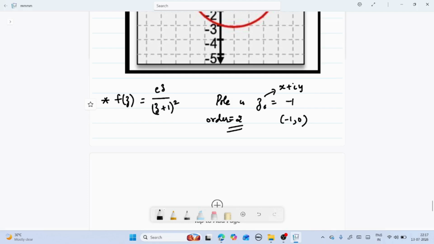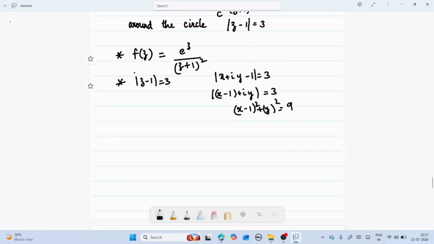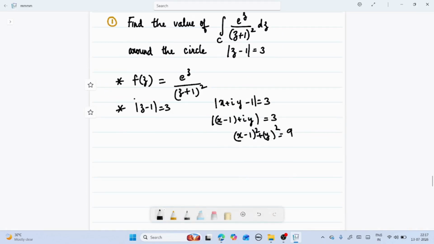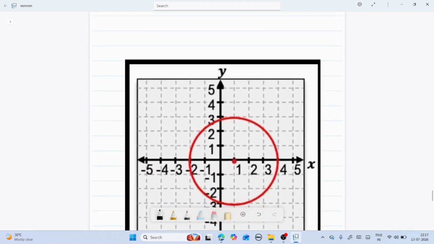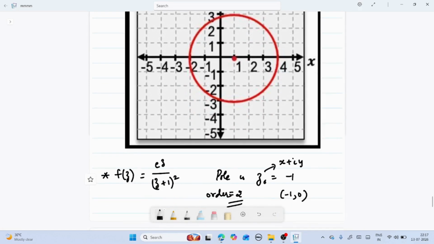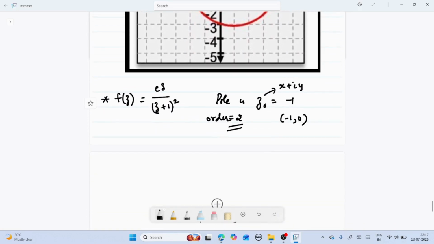So what did we do first? We identified the function f of z. Then we identified the given circle, modulus of z minus 1 equal to 3. Then we represented it on a graph. Thirdly, we identified the pole from the given function and its order.